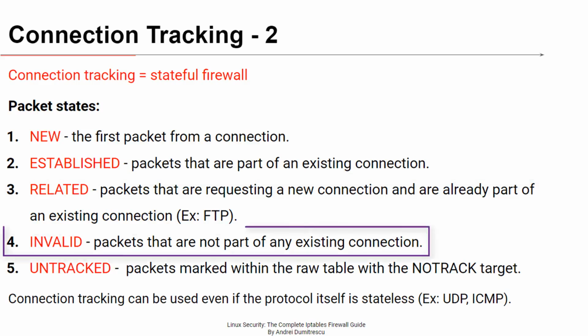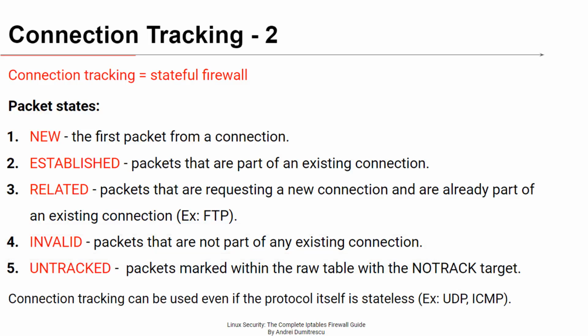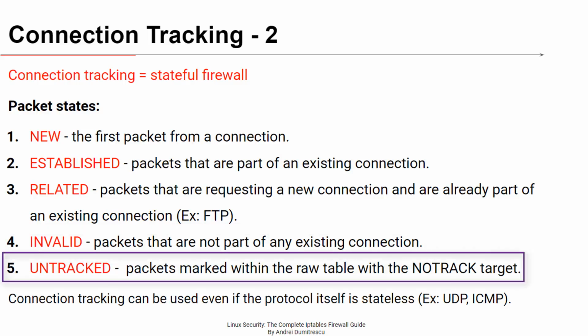An invalid packet is not part of any connection in the connection tracking table. These packets cannot be identified in any state. Generally, it is a good idea to drop everything in this state. And the last state is called untracked and it's not so often used.